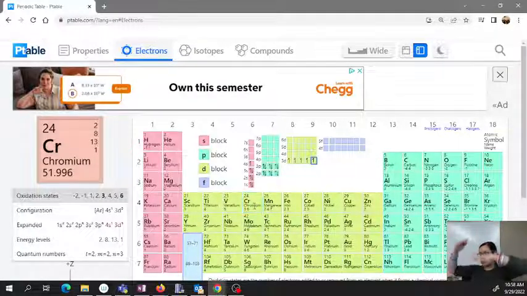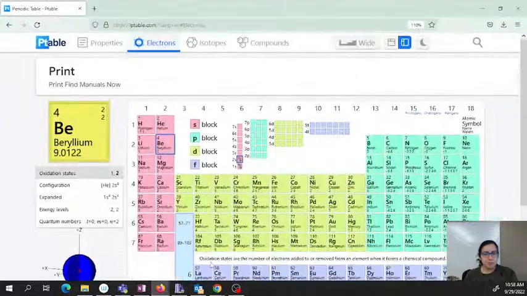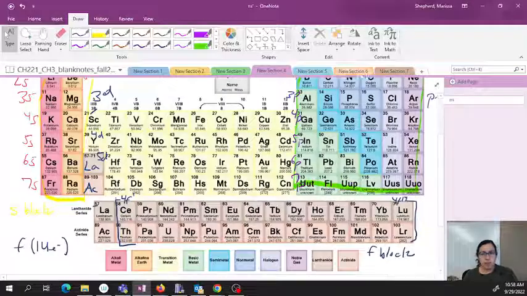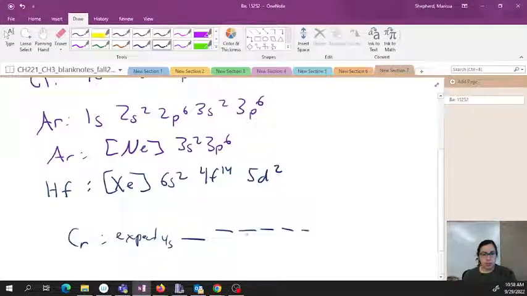And it's essentially because all those energy levels are really close. So chromium, what we expect, you have your 4s, and then your 3d, so your 5d orbitals.